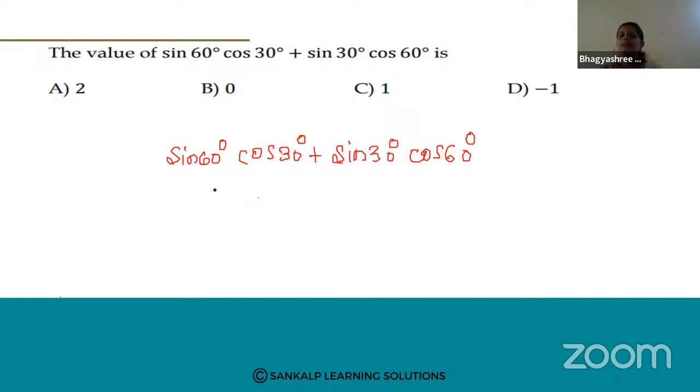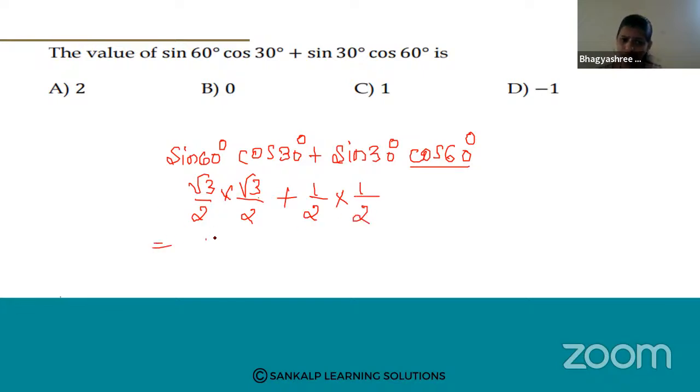What is the value of sine 60 degree? Sine 60 degree means it is root 3 divided by 2. Yes, very good. Cos 30 degree is also root 3 divided by 2. Sine 30 degree is 1 by 2, cos 60 degree is 1 by 2.